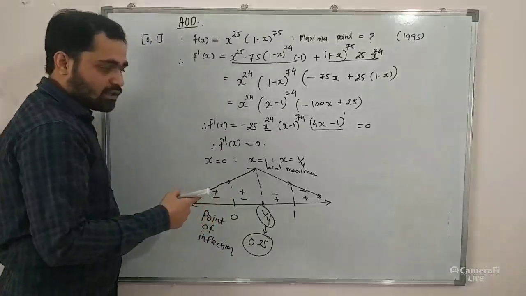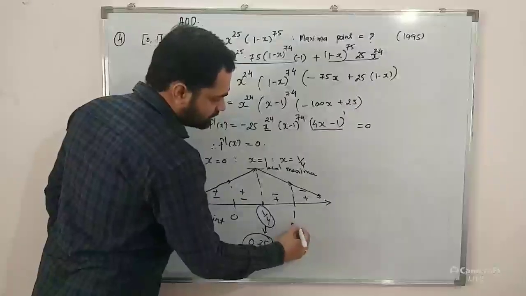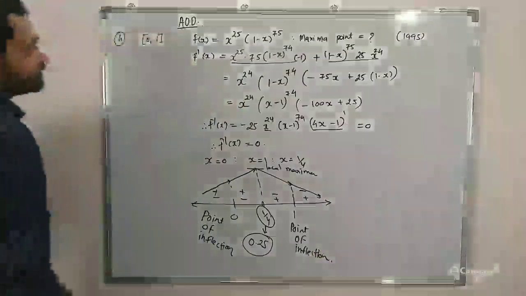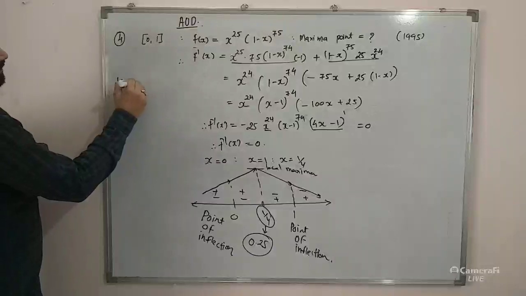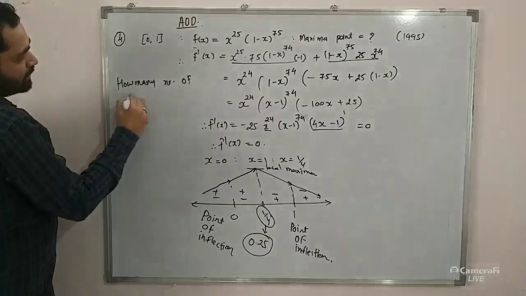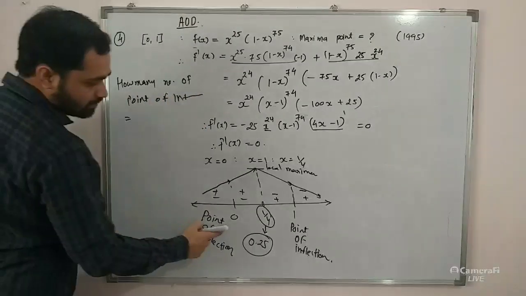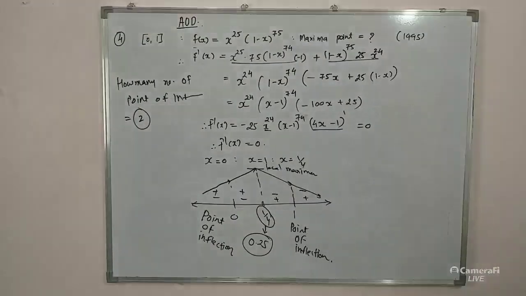If the nature of the curve doesn't change, then that point becomes a point of inflection. So they can also ask how many points of inflection are there in this function? So here the number of points of inflection is 2. These 2 are the points of inflection, right?